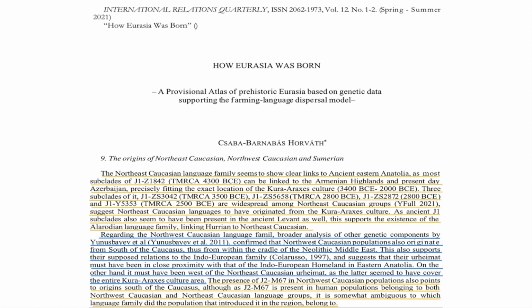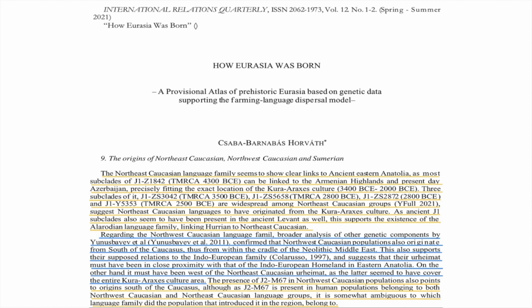And again, I'm just going to read the relevant portion dealing with the Hurrians and the Kura-Araxes. The Northeast Caucasian language family seems to show clear links to ancient Eastern Anatolia, as most subclades of J1-Z1842 can be linked to the Armenian highlands and present-day Azerbaijan, precisely fitting the exact location of the Kura-Araxes culture, 3400 BCE through 2000 BCE.